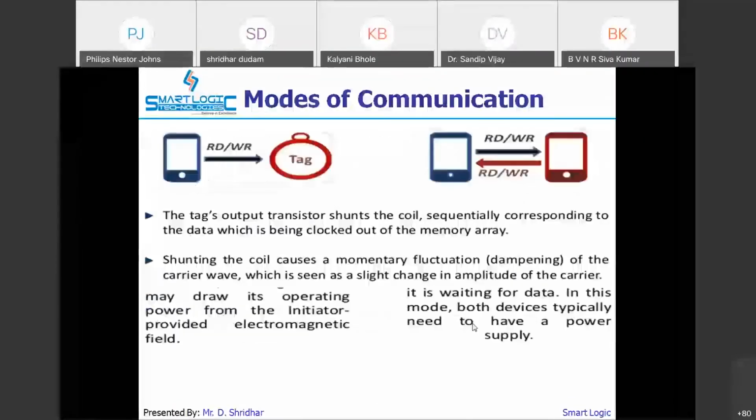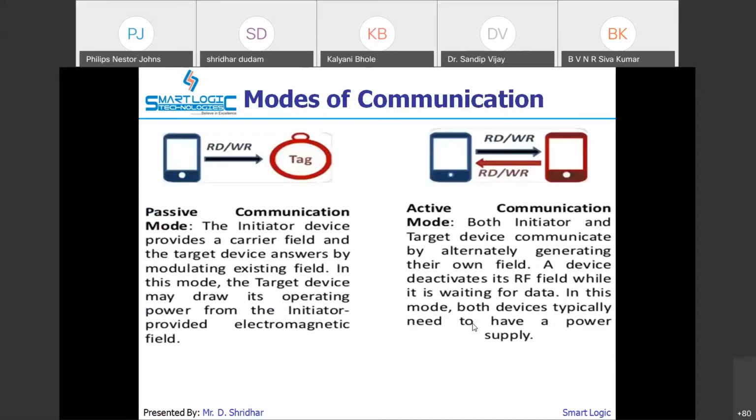Now the modes of operation. One important is the communication between the passive tag and active reader, the passive mode, where the initiator provides a carrier field and the target device answers by modulating the existing field. Whereas in the case of active communication, both initiator and target device communicate by alternately generating their own field.